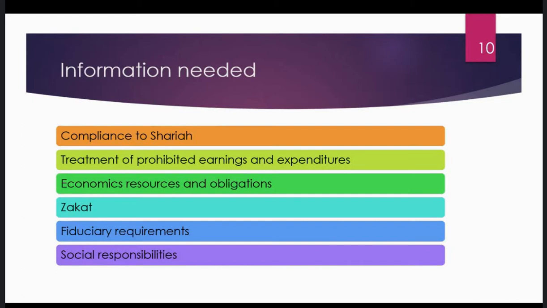Is there any disclosure on how they actually do the cleansing of the Sharia non-compliance income? For example, is there any item under expenses that relates to how they treat the prohibited earnings and expenditures?